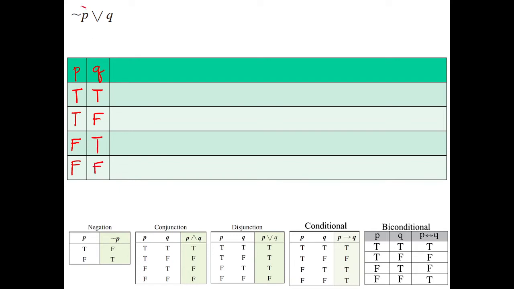Now, as you can see, it's not P. So, I'll be negating P. Kuhaon ang opposite. Negate true, mahimong false. Negate false, true.